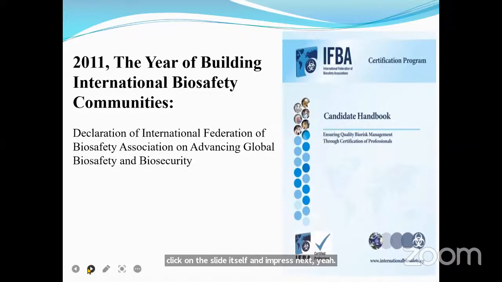In the same year, the declaration of the International Federation of Biosafety Associations on advancing global biosafety and biosecurity through ensuring the quality and professionalism of biorisk management through different projects and programs. The certification program is one of them.